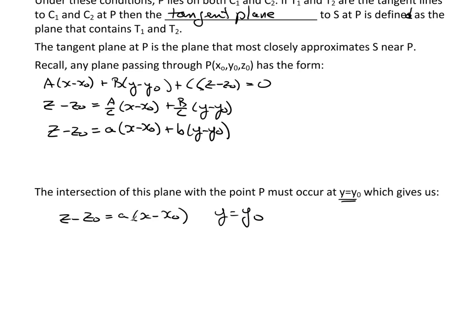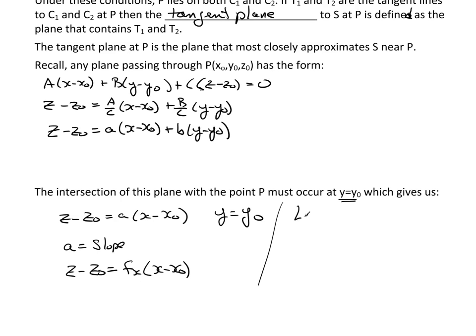This is really nothing more than the equation of a line, where a is the slope, and the slope here is going to be the partial derivative with respect to x. So z minus z naught equals the partial with respect to x times x minus x naught.